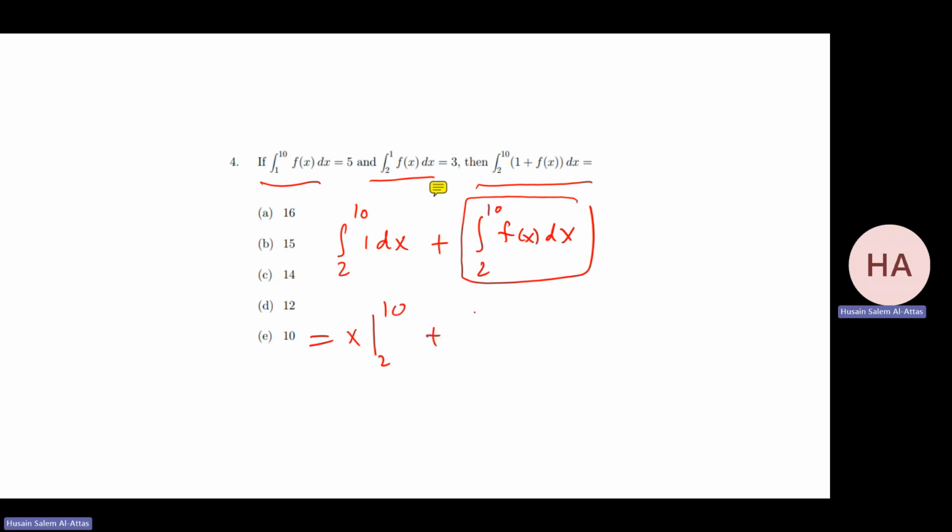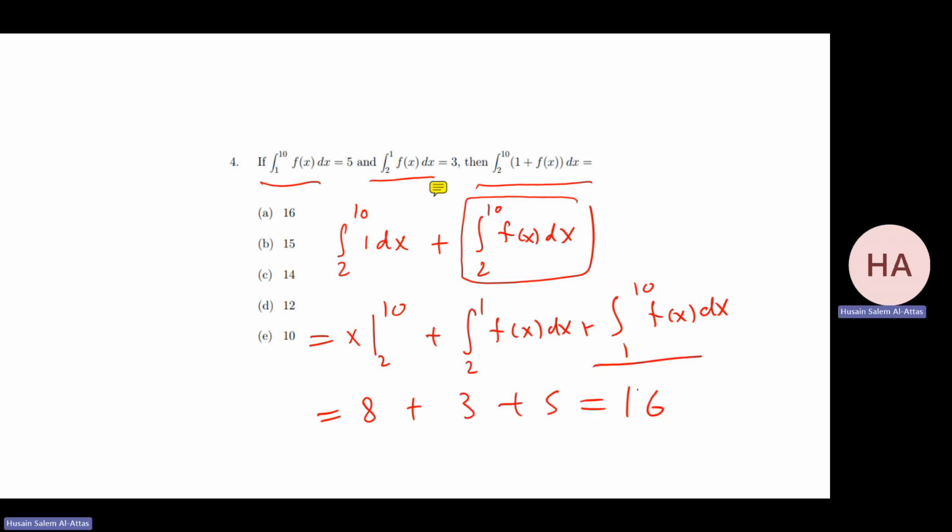But this one, I can split it: 2 to 1 plus 1 to 10. This will be 10 minus 2, which is 8. This one is 3. This one is 5. The answer is 16, which is this one.